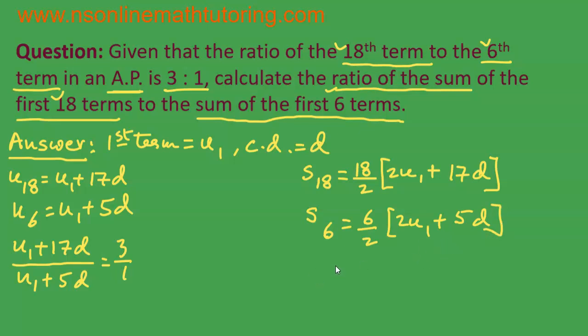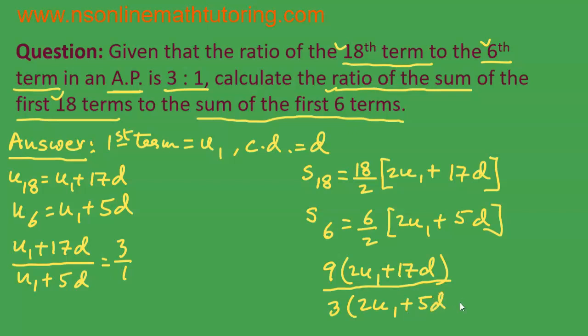So the ratio will be, obviously, 18 over 2 is 9. So it is 9 times 2U1 plus 17D over 6 over 2, which is 3, times within the parenthesis 2U1 plus 5D. This will be the ratio, and these two will be cancelling and we have 3 in the numerator.